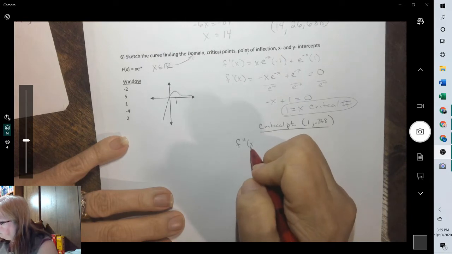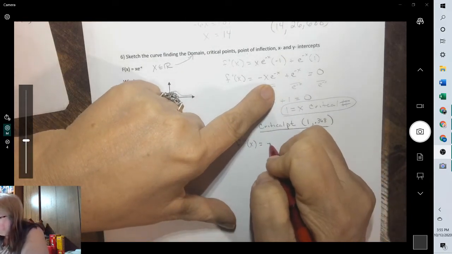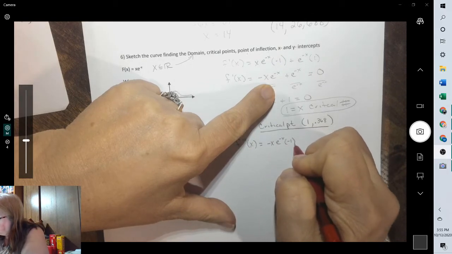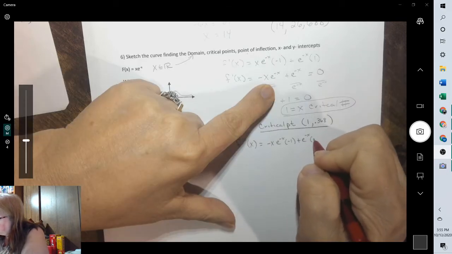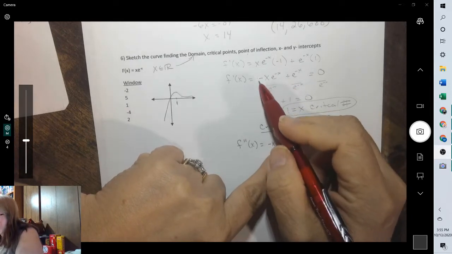The second derivative, this has a product rule. First times the derivative of the second plus the second times the derivative of the first. So all of this is just this first one.